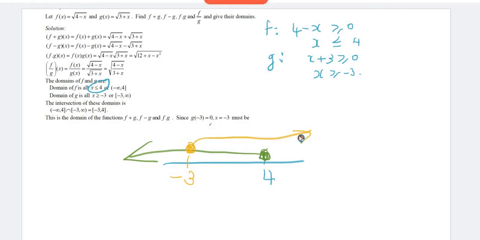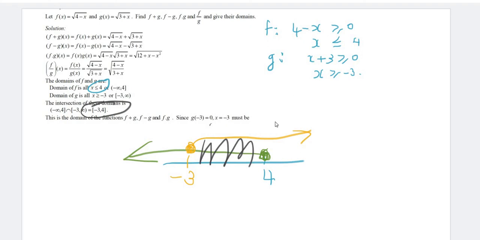So clearly the overlap is between the two. So that should be the domain, and that's why they got the domain as between minus 3 and 4. Alright, but now for the division, x cannot be minus 3.